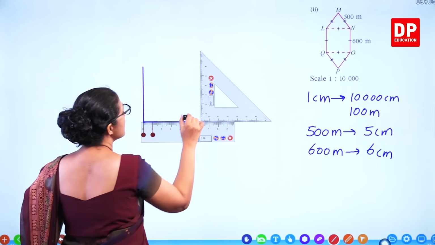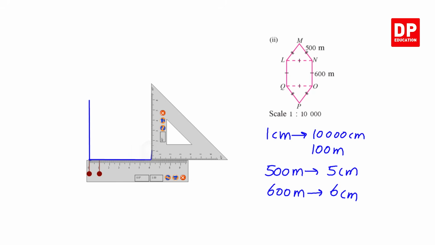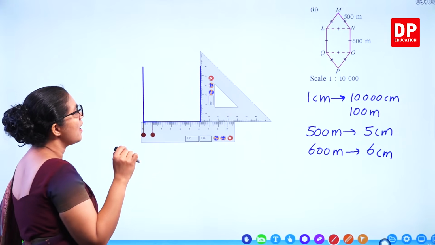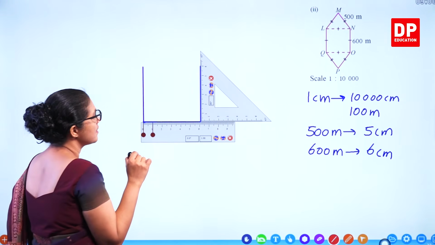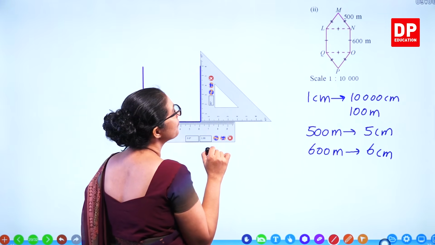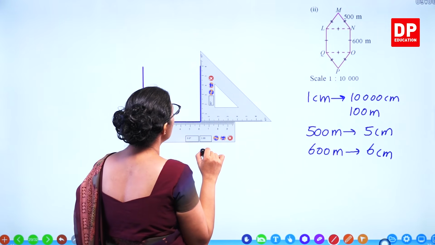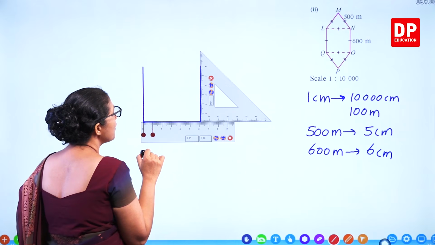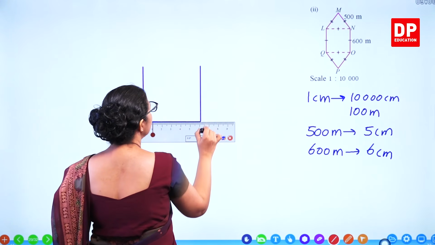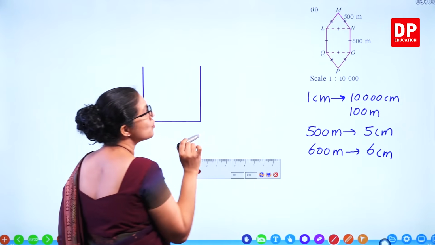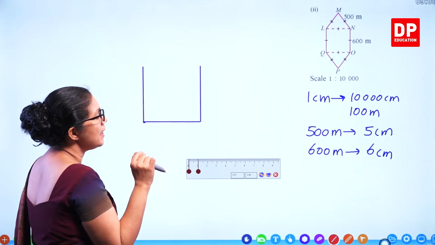So here 6 centimeter, here to here. Now we have 2 perpendicular lines. Now we know the 2 points. You can draw the other 2 points, M and P.